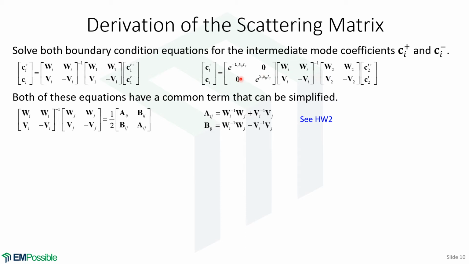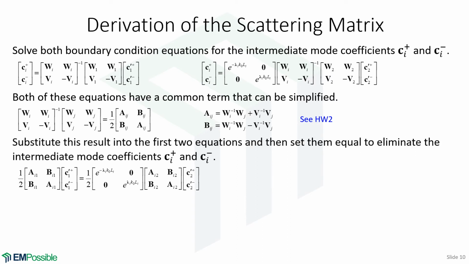Then also notice both of these expressions are simply the mode coefficients. So we can set this expression equal to this expression, of course, having substituted in our simplification that we just derived. And we end up here. So we've eliminated those mode coefficients C sub I. We have now only an equation with the mode coefficients for medium 1 and medium 2.